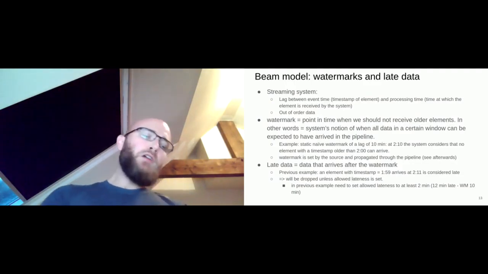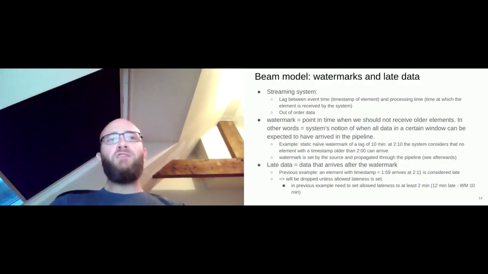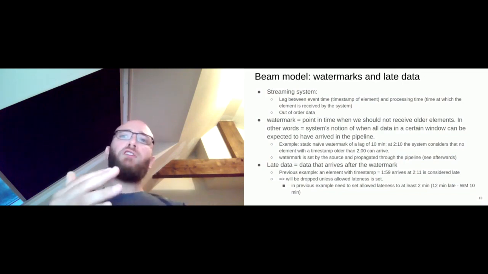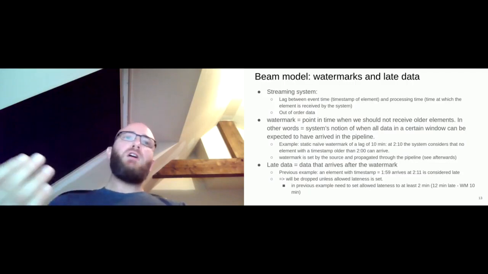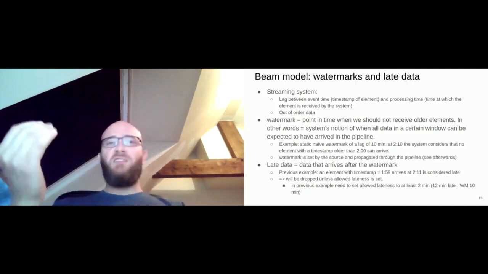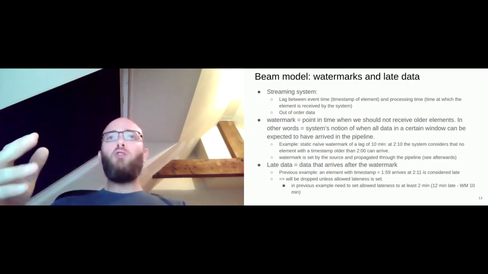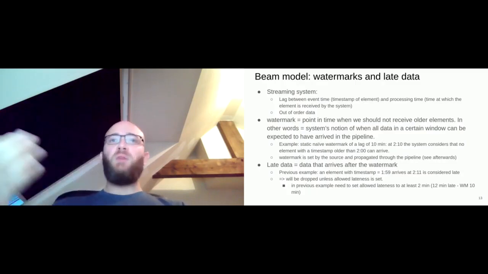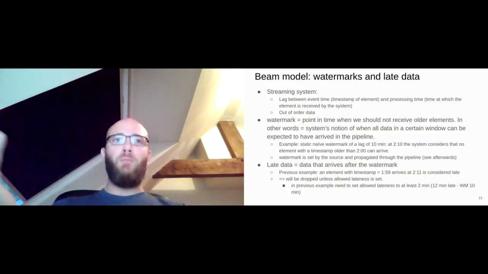And we also have out-of-order data. To deal with those two points, we provide what we call a watermark. A watermark is a point in time where we should not receive older elements. In other words, it's the system notion that all the data for a certain window is expected to have arrived, to have come in the pipeline.